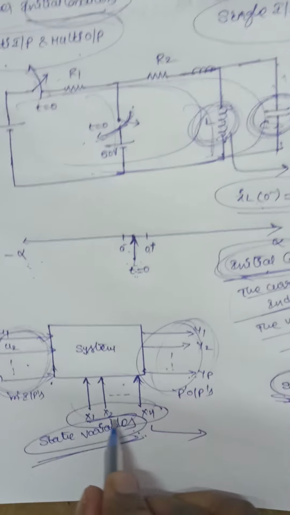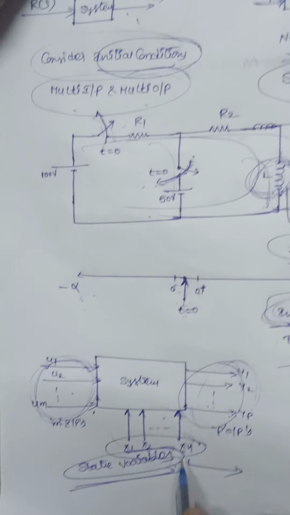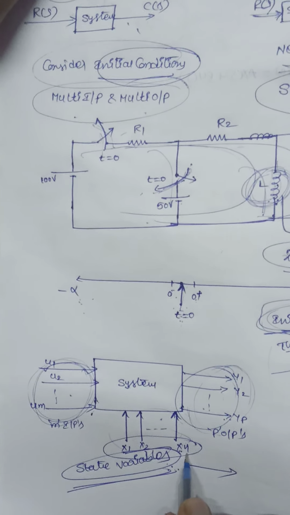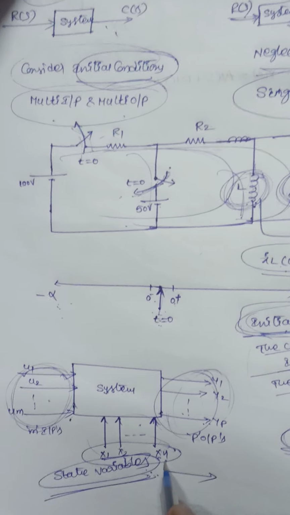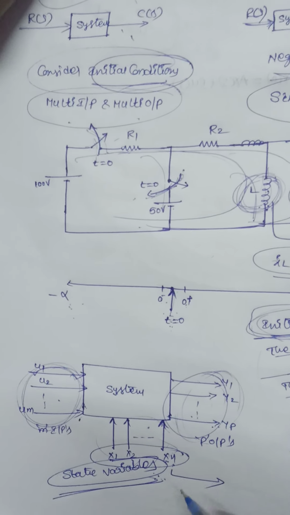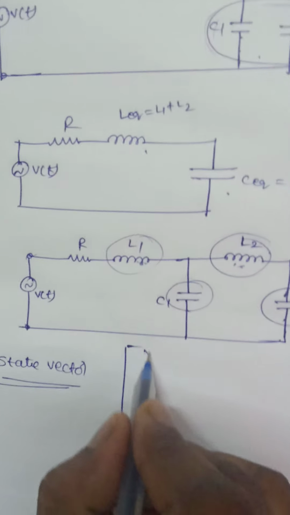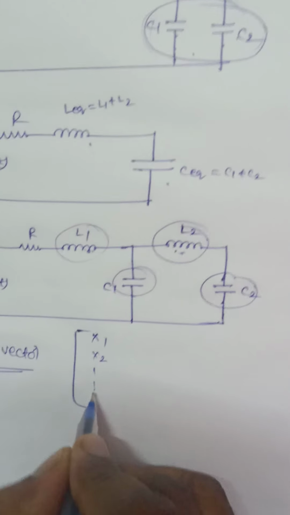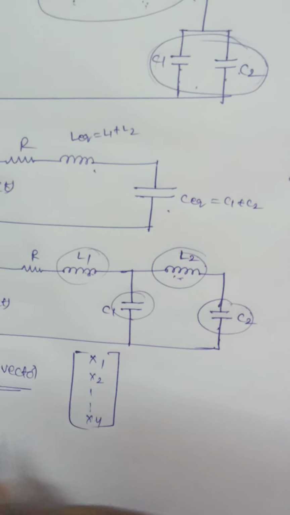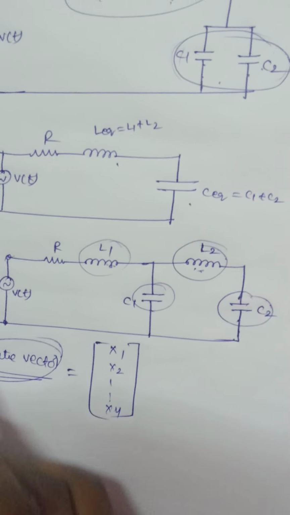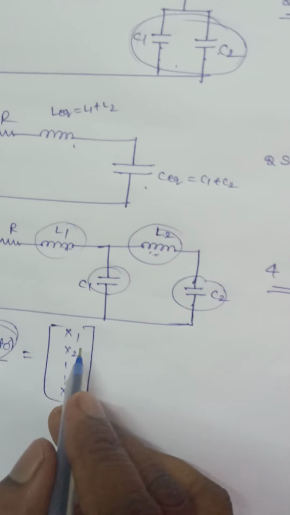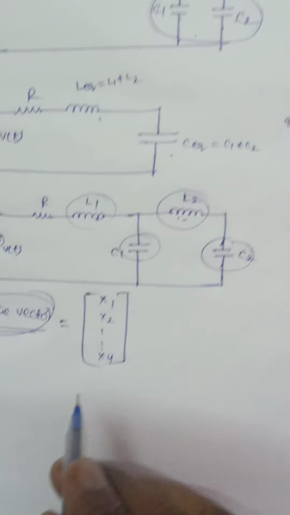Suppose there are n state variables, x1, x2, xn, which give the information about the past history or the initial conditions. They are represented in a column matrix x1, x2, xn, and then they are called state vectors. This is a column vector which represents the state variables.